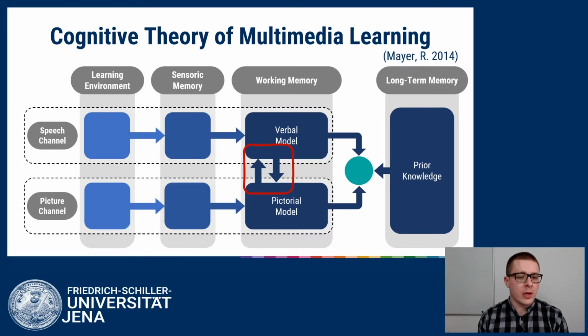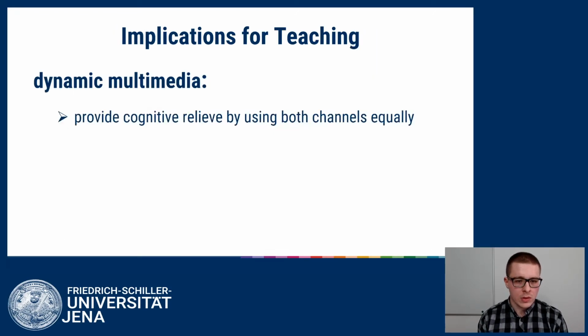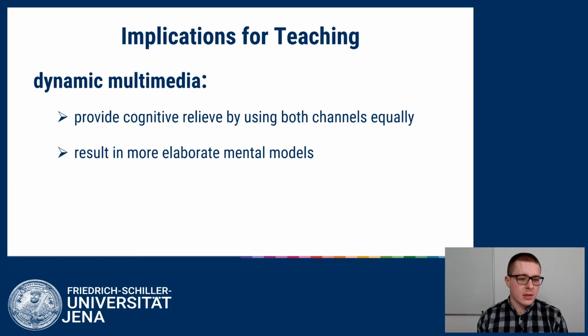However, when learning with dynamic multimedia, both channels are engaged equally, which should make the exchange of information way more yielding, and there are two equally valid models constructed, which should result in a more elaborate mental model in the end. So the second possible advantage of dynamic media would be the construction of more elaborate mental models.